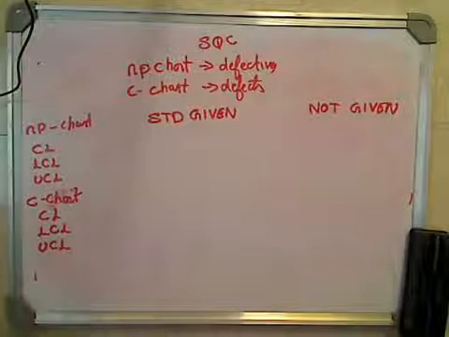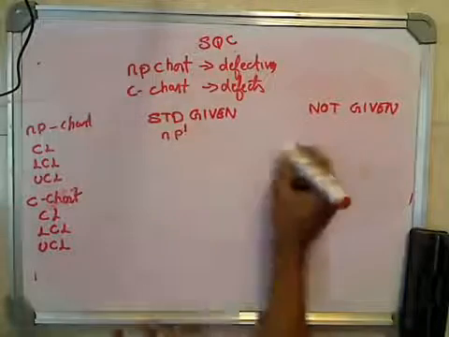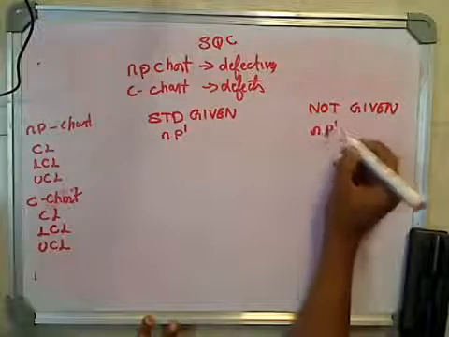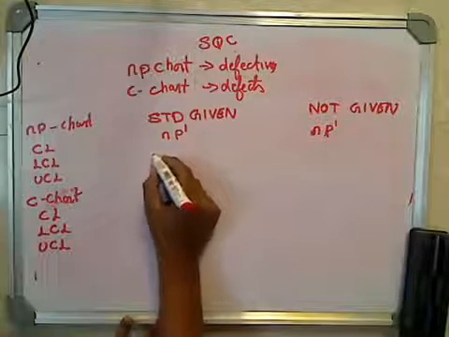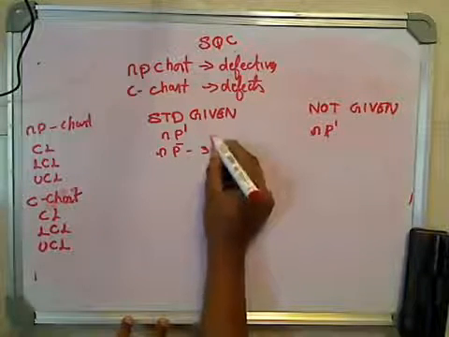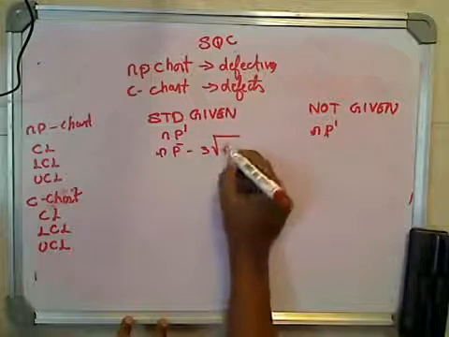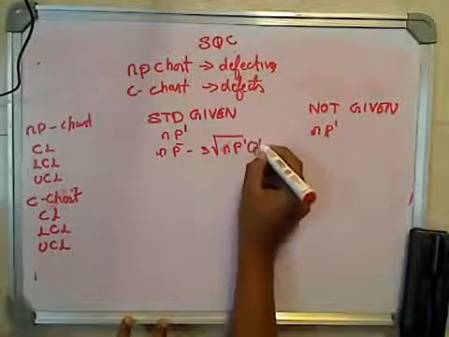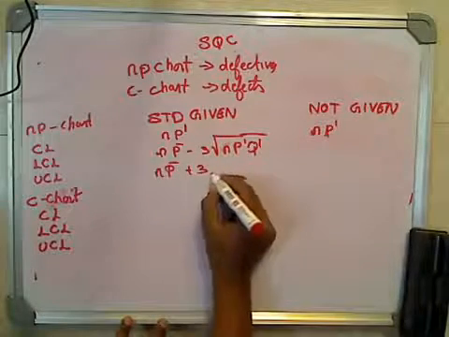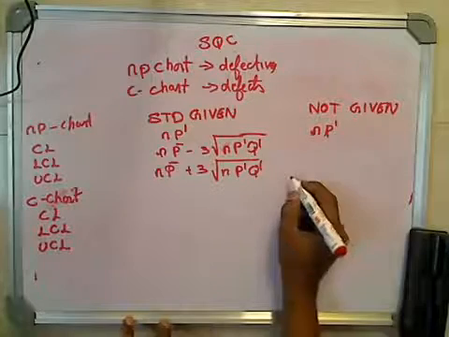Now, in case the standards are given, N, P, and small p. Okay, NP minus 3 square root of NPQ, and NP plus 3 square root of NPQ.